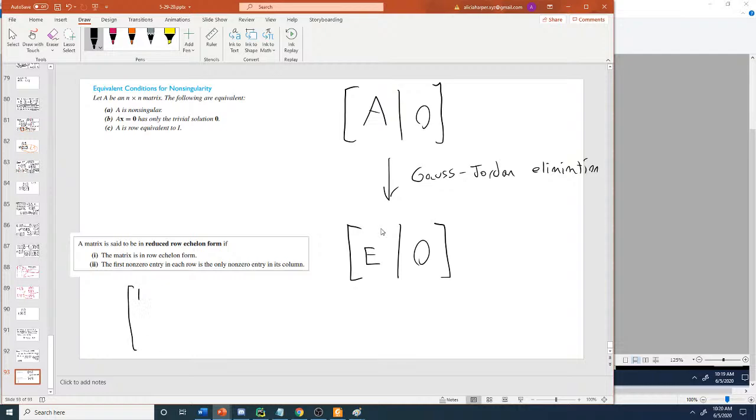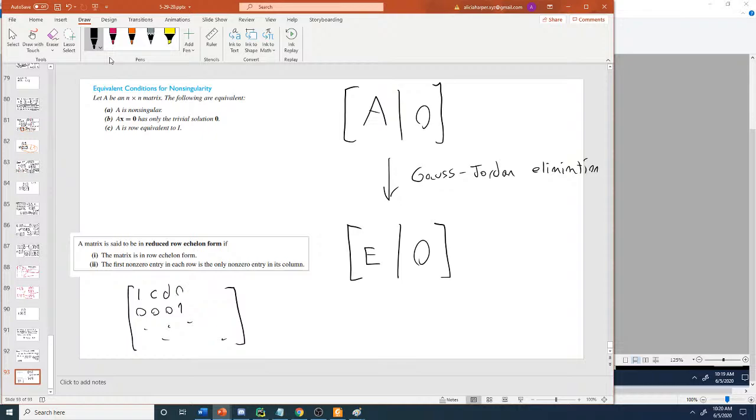Maybe you have a 1 here, and then 0, 0, 0, 0 here. Or, actually, maybe I'll give a better example. Maybe you have a 1 here, a C here, a D here, and then down here you have 0, 0, 0, 1, and then so on.